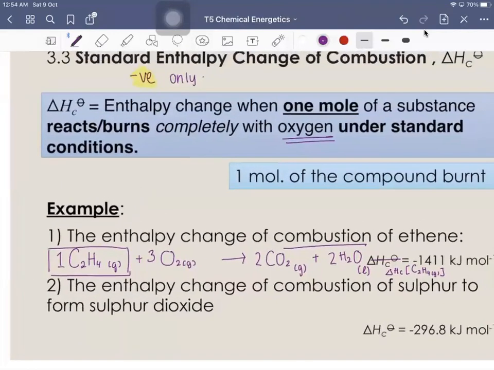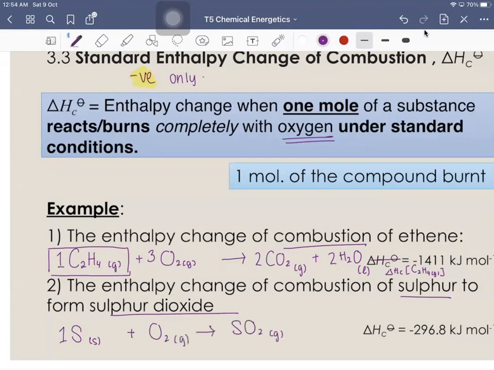Okay, the enthalpy change of combustion of sulfur to form sulfur dioxide. So we are burning sulfur. So sulfur has to be 1 mole, and sulfur is a solid. We burn in oxygen to form an SO2 gas.